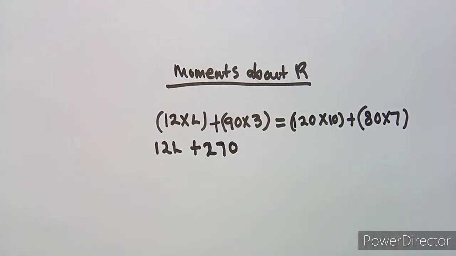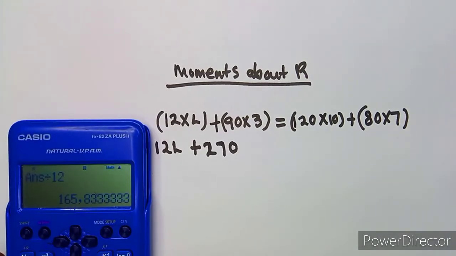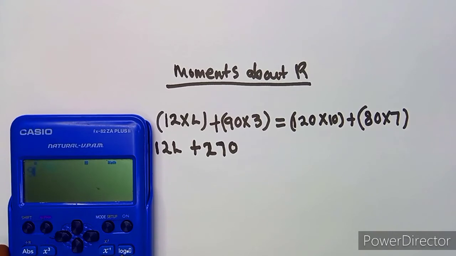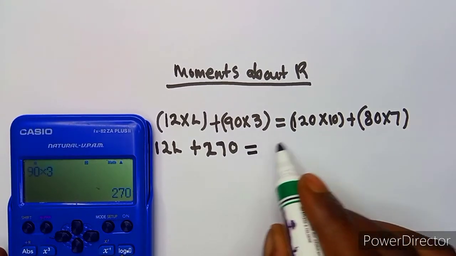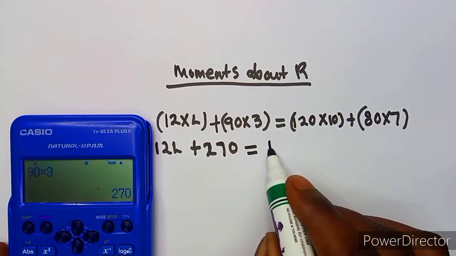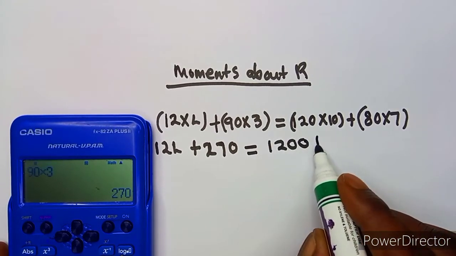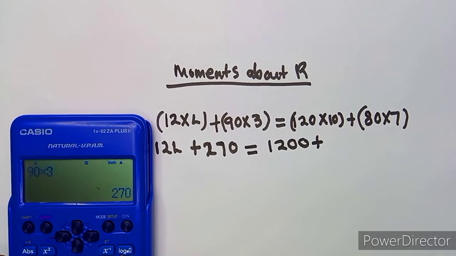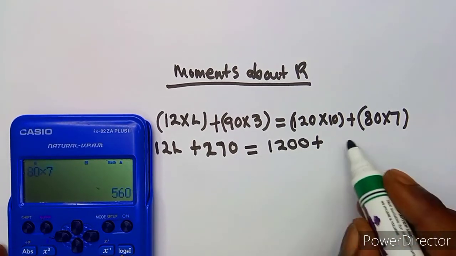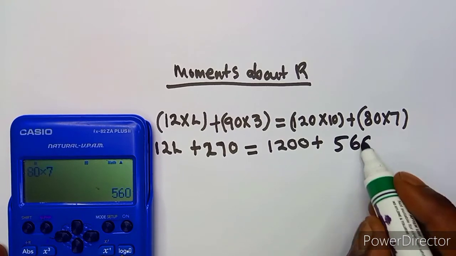Okay, then we move on. 120 times 10, which is 1200, plus 80 times 7, which is 560.